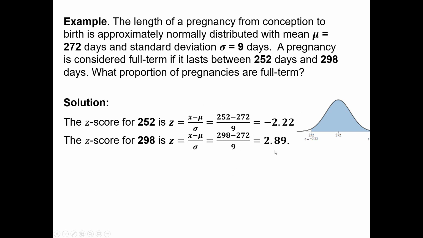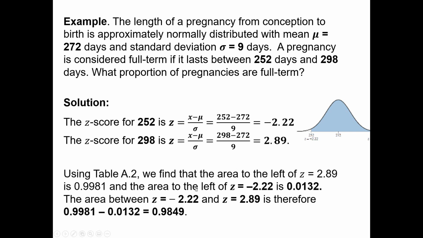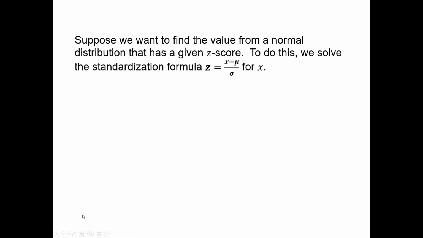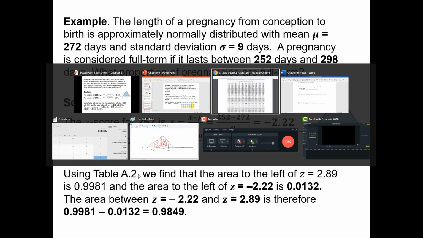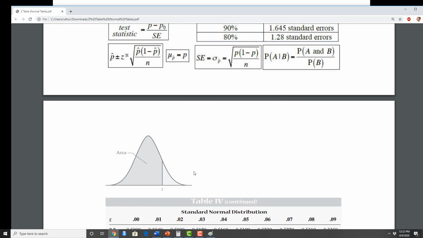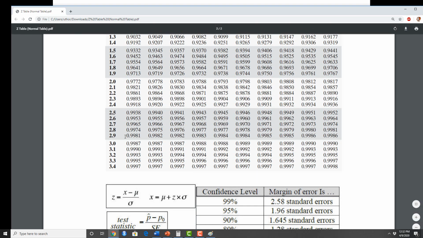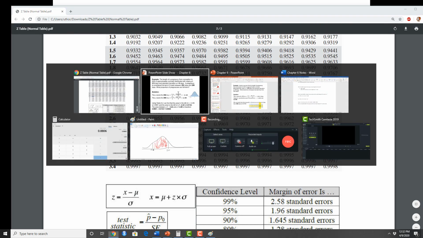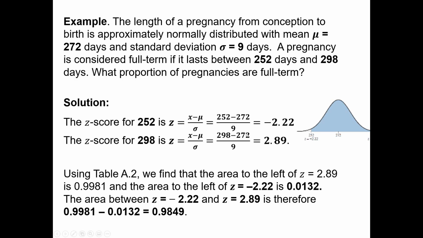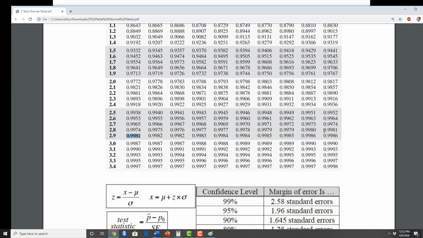So that's equal to the highest point, whatever corresponds with 2.89 on our z-score table, which is 0.9981. And I'll show you. So right here, 2.89.